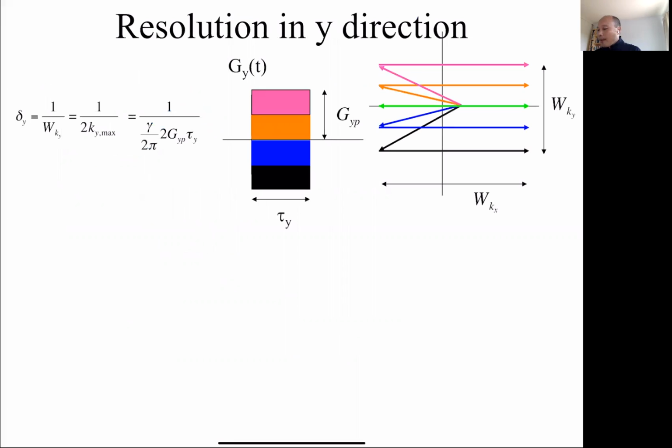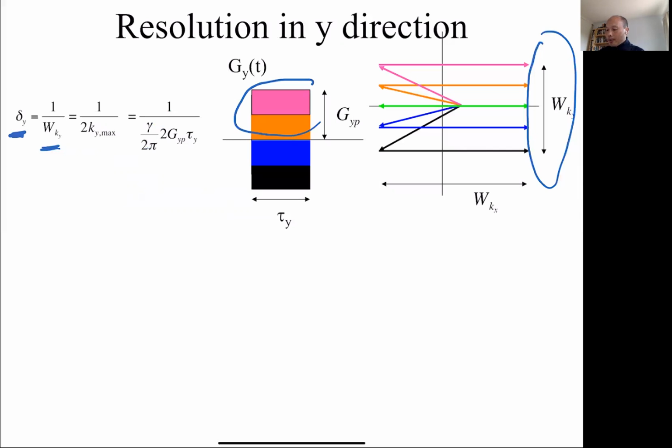The other thing we need to talk about is the resolution, right? That's how far we're going in KY space. From there, we know that we have some resolution delta y, and that's equal to 1 over WKY.